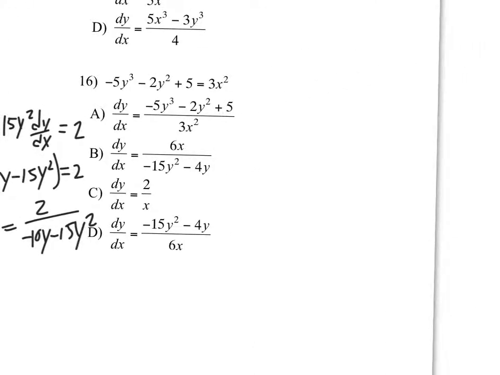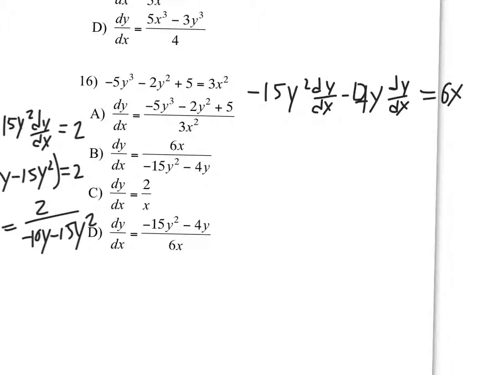For number 16, I have a really similar process. That's going to be negative 15y squared dy/dx minus 4y dy/dx plus 0 is equal to 6x, and that's it.